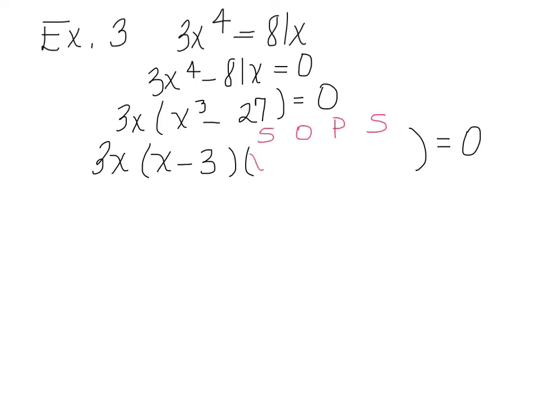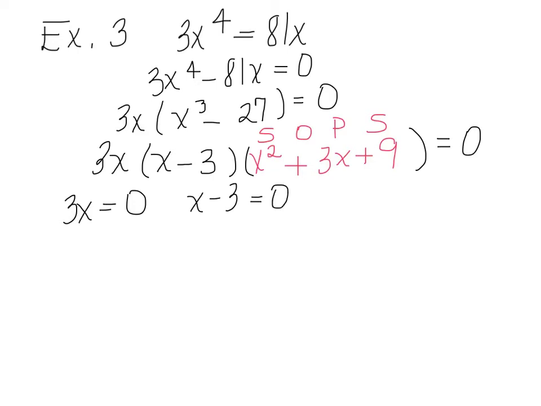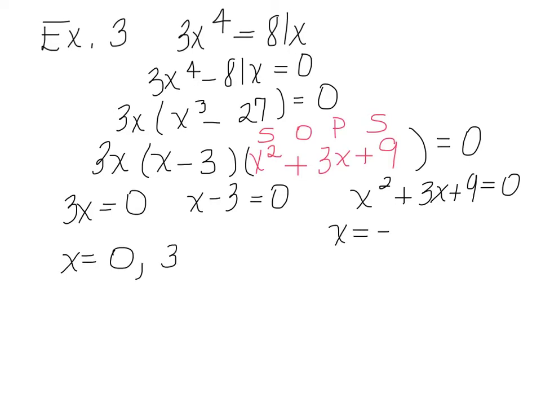Then you square the first term, opposite sign, product, square. And then you set each one equal to 0. Remember, you won't be able to factor this. So x equals 0, 3, and then this one we have to use quadratic formula.